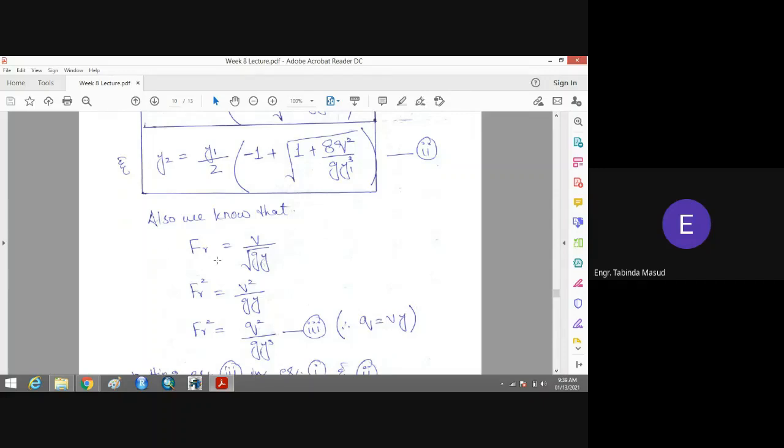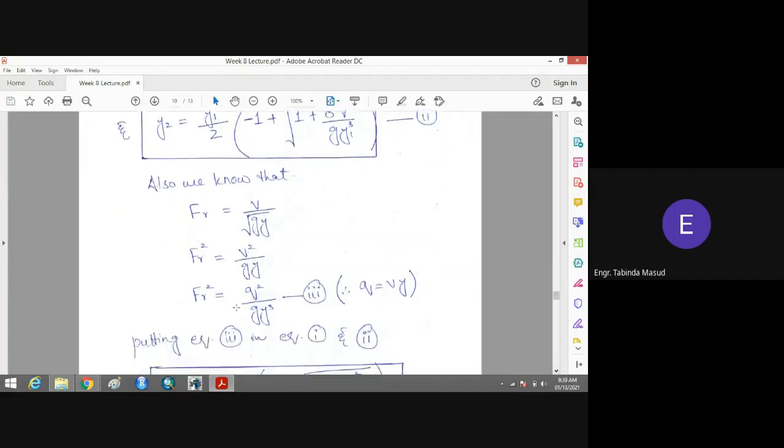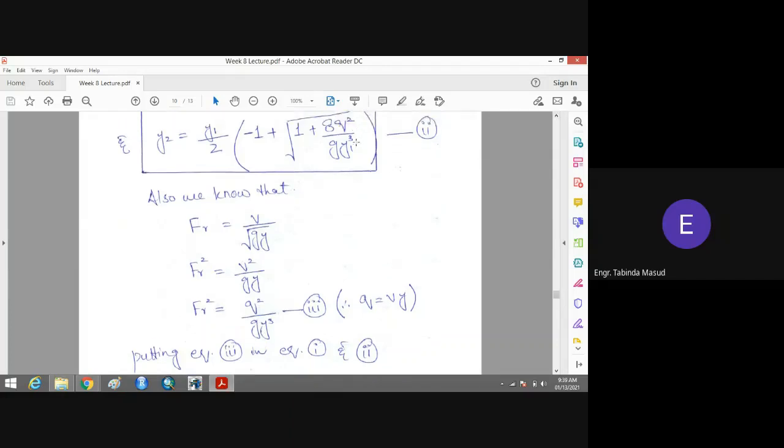We know that for rectangular channel, Froude number is equal to V divided by under root of gy. Taking the square on both sides and simplifying further, square of Froude number is equal to square of q divided by g into cube of y. So we can put this value in equations number 1 and 2.